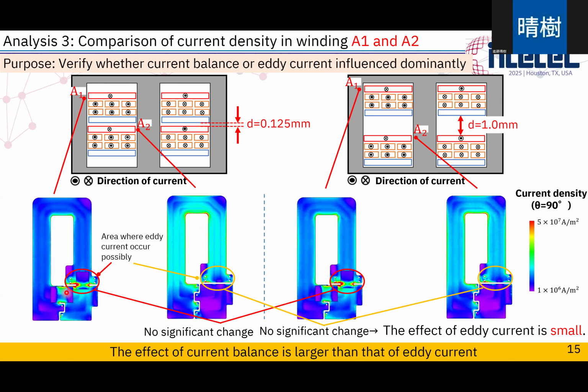But in the areas where eddy current may occur, the red circle and orange circle, there is no significant change despite changing PCB spacing. So the effect of eddy current is small, and the effect of current balance is greater than the effect of eddy currents.